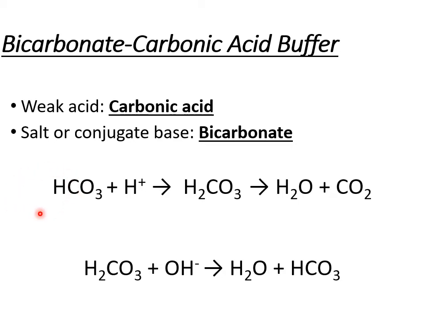So, ano ulit ang gagawin natin? Kailangan natin i-lower ang pH by adding the hydrogen compound. Okay? The combination of your bicarbonate plus the hydrogen will result to carbonic acid.